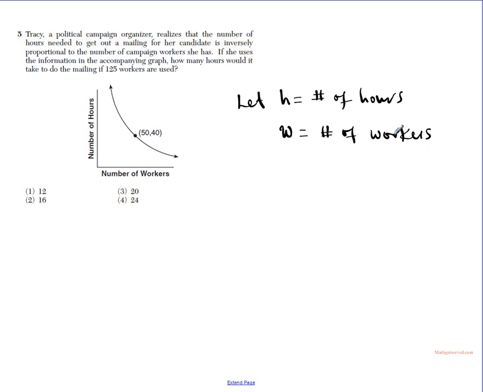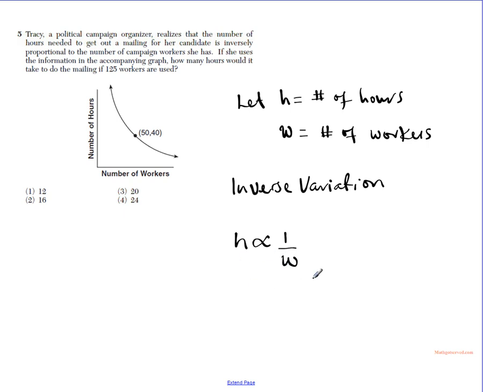It says hours needed is inversely proportional to campaign workers. So basically h varies inversely. This is the symbol for variation. So h varies inversely with workers, so it's going to be 1 over w. This is the relationship for inverse variations.